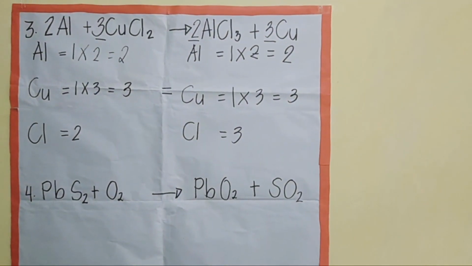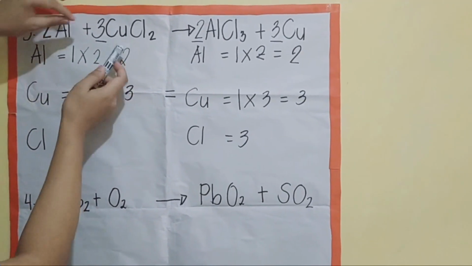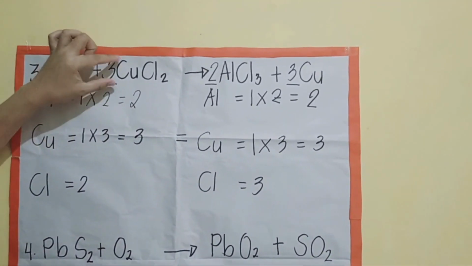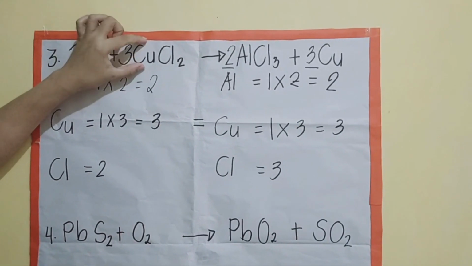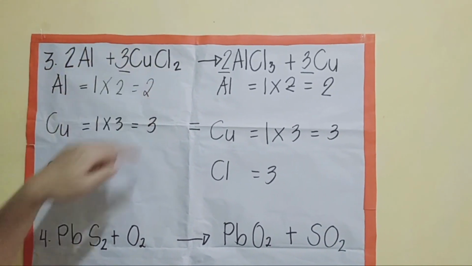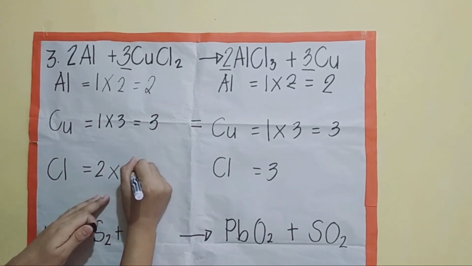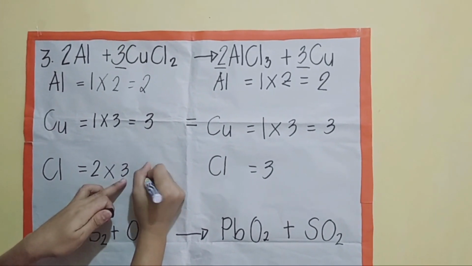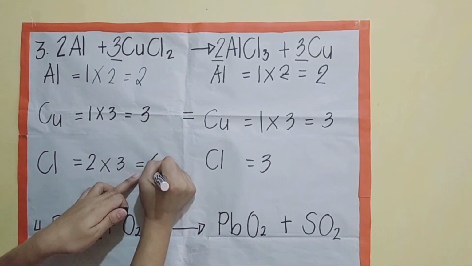And then the number of chlorine, since we add 3 here at the coefficient of copper chloride, we have 3 times 2, which is equal to 6.